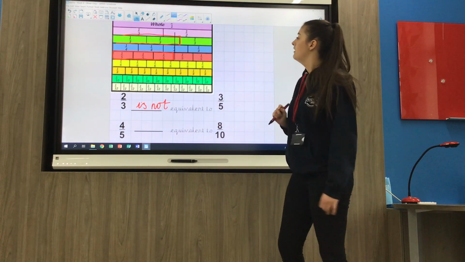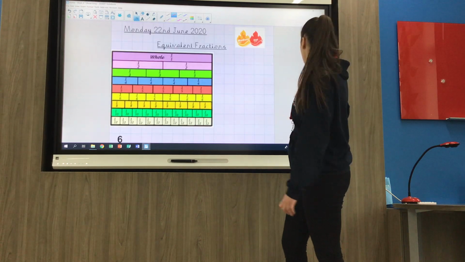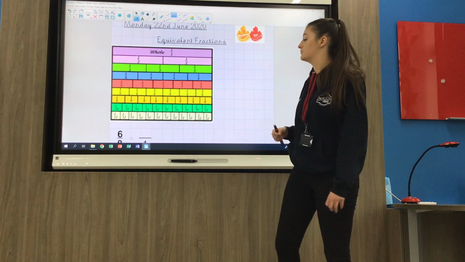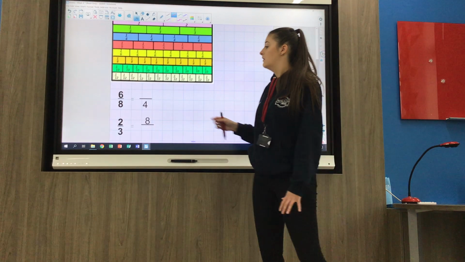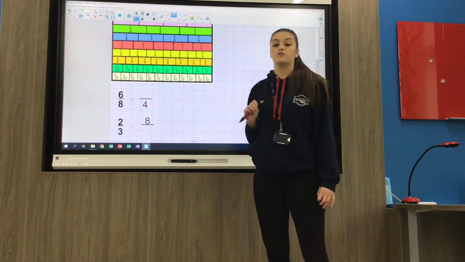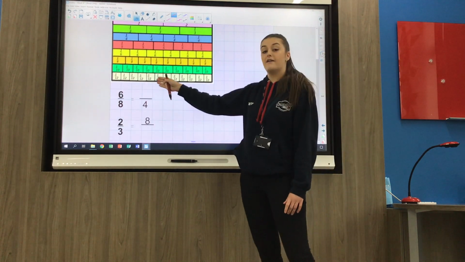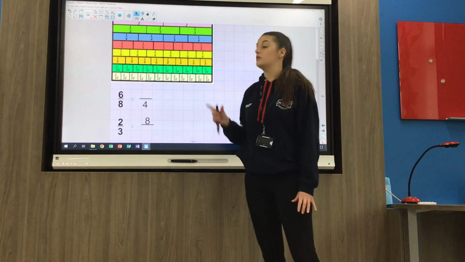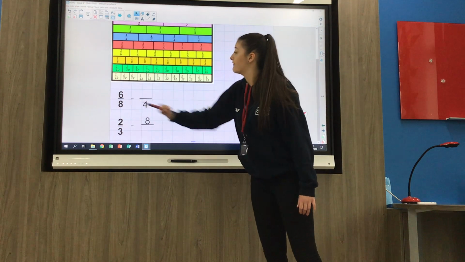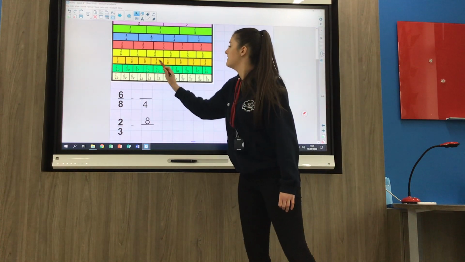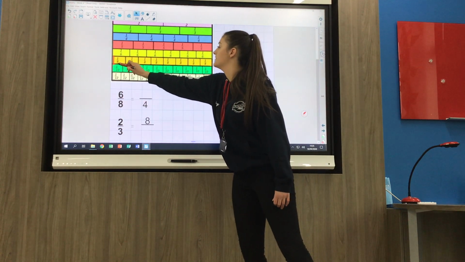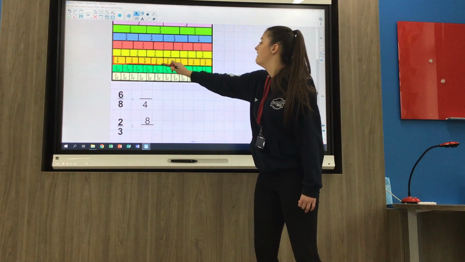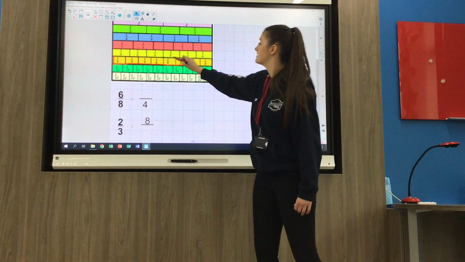Okay? So moving on, you have another question with a fraction wall, where this time we've got equivalent fractions ready, but they're either missing a numerator or a denominator. So 6/8. So we know to go and find the 8s on our fraction wall. There's the 8s, and I want 6 of them. So we're going to start from the end. 1, 2, 3, 4, 5, 6.